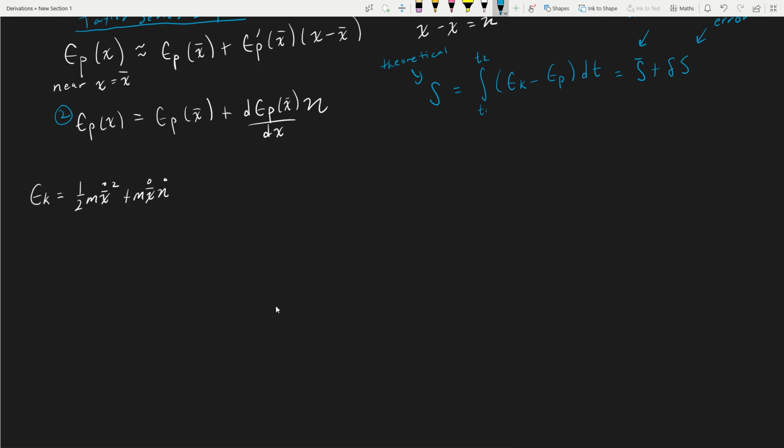So we get S is equal to the integration from T1 to T2. EK is half m x bar dot squared plus m x bar dot eta dot, the time derivative of eta.